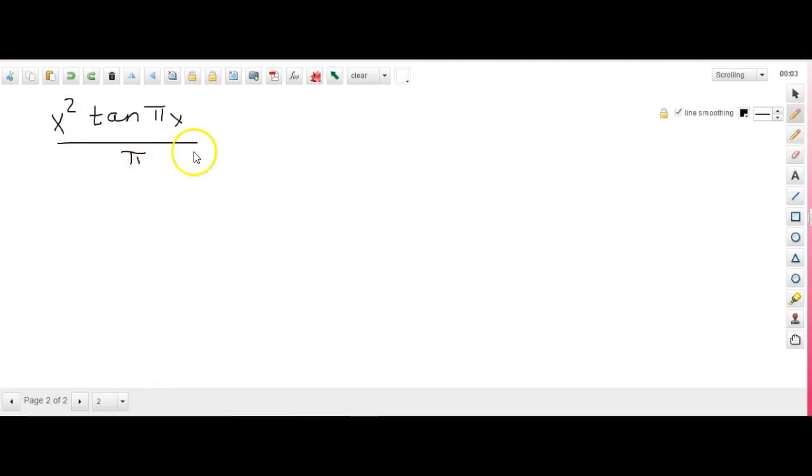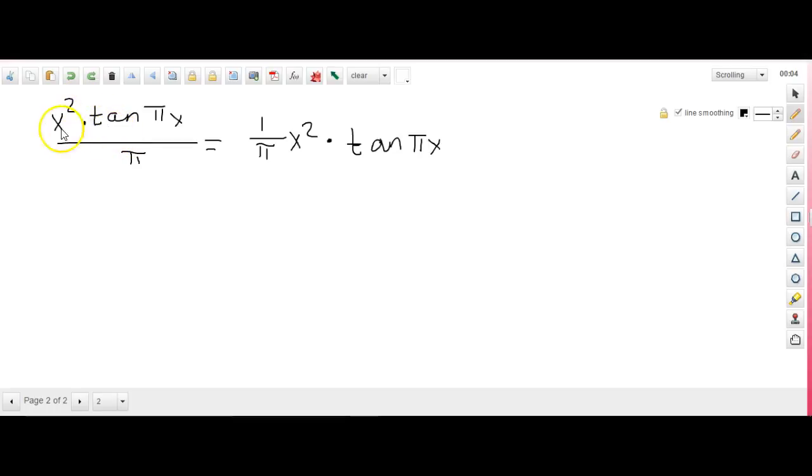So if it helps, you can also write this as 1 over pi x squared times tangent pi x. Either way, the 1 over pi, or the pi on the bottom, isn't going to do much. It's just a coefficient. So what we do have here is a variable x squared times another variable function, tangent pi x. So we are going to have to do product rule.